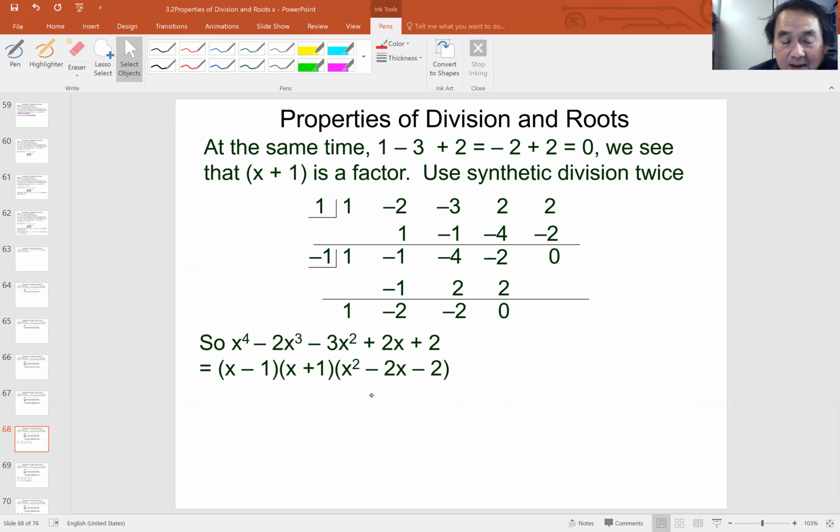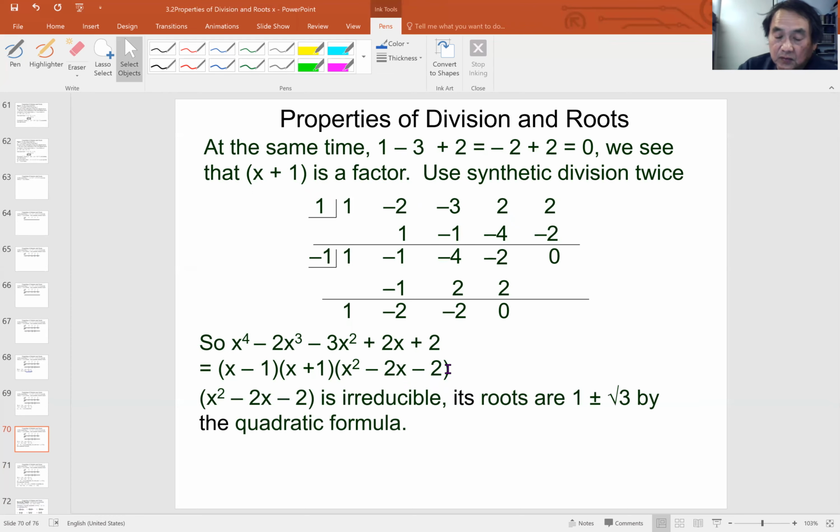And finally, the thing we need to factor is this part. This part you can do by the FOIL method, the guessing method. But this one you have to use the quadratic formula to find the 2 roots. So plug into the quadratic formula, and I get 2 roots.